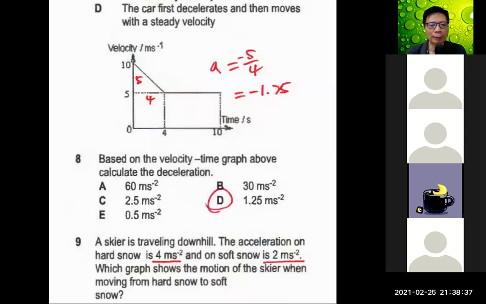Which graph shows the motion of the skier when moving from hard snow to soft snow? The acceleration must be 4 and then next become 2. You must check the acceleration from the graph.